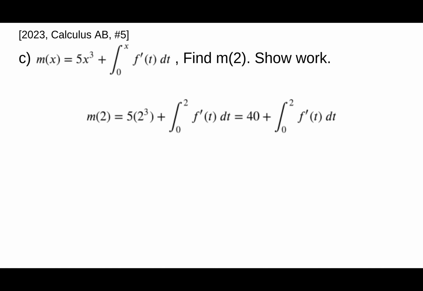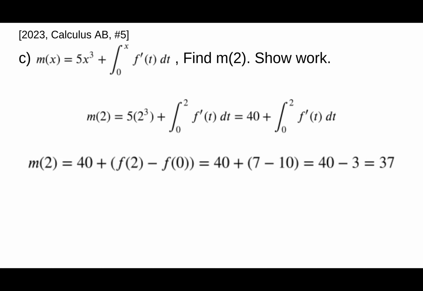Well, if f prime is the derivative of f, then f of t is an antiderivative of f prime of t, so we really only need 40 plus whatever f of 2 minus f of 0 is. Have no idea what this f prime of t function actually is, don't need to. So we have 40 plus f of 2 minus f of 0.